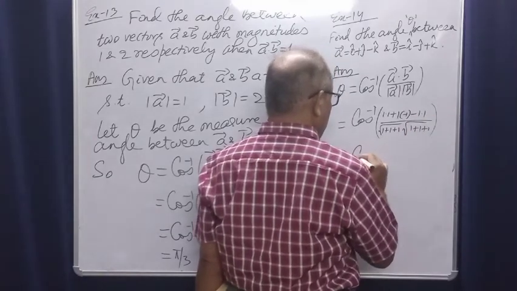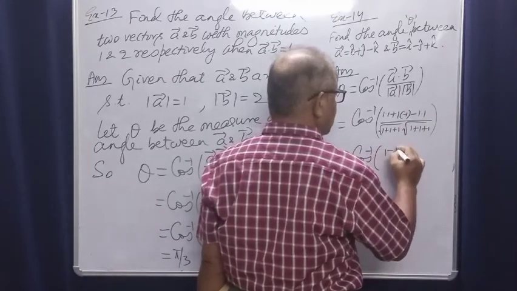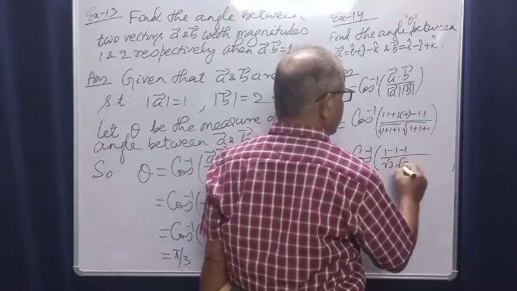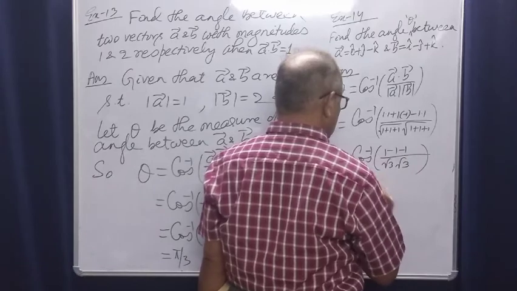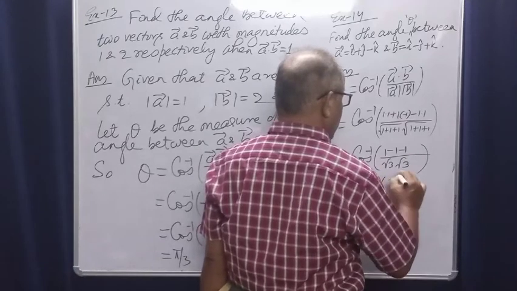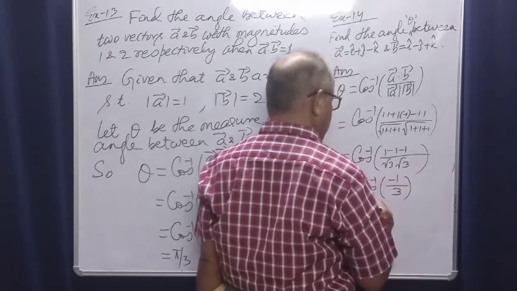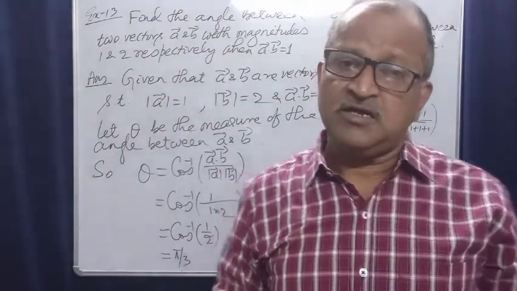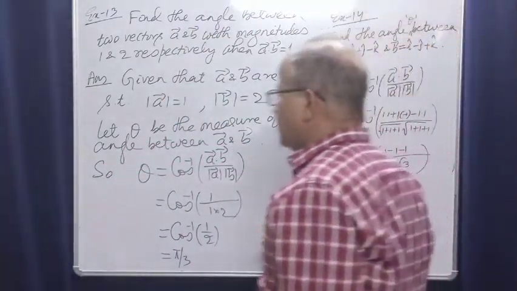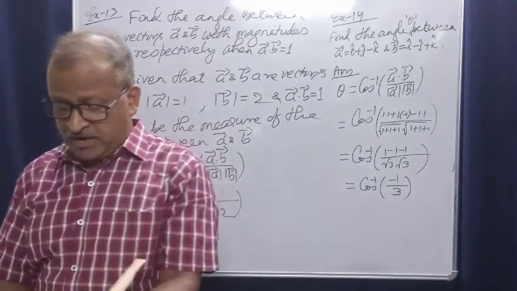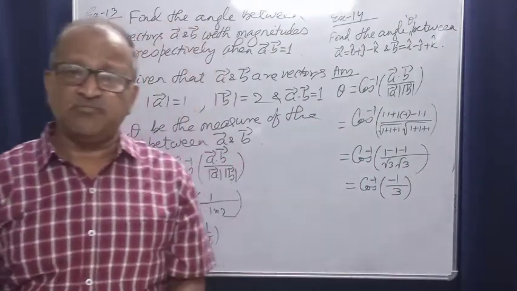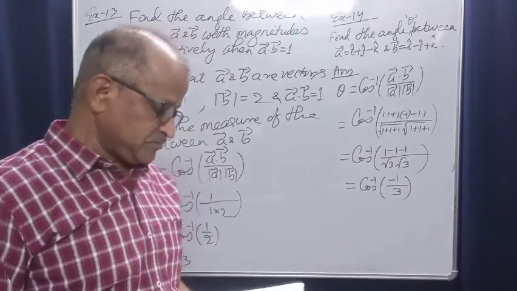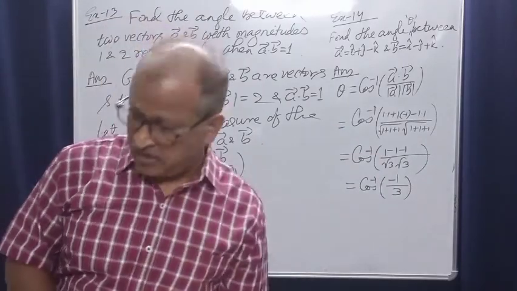This is cos inverse of 1 minus 1 by square root of 3 into square root of 3. This is cos inverse of minus 1 by 3. Simply write, this is the measure of the angle.